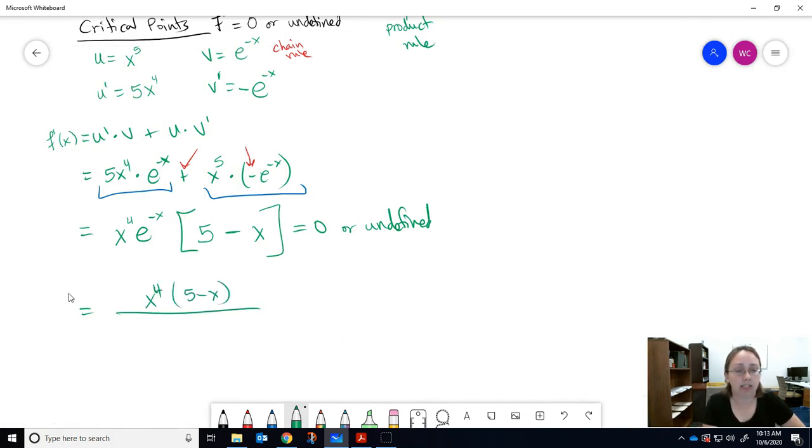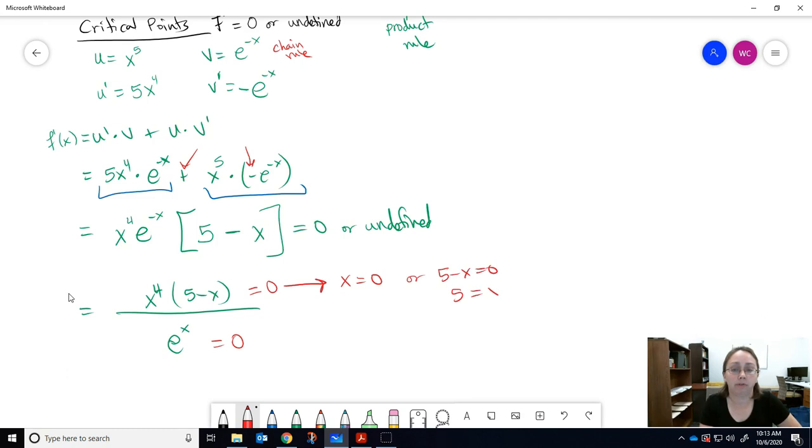And the e to the x has a negative exponent, so it moves to the bottom. All right, this equals 0 when the top is equal to 0. This derivative is undefined when the bottom equals 0. So we're going to break it up and do the two separate problems. So the top equals 0 when x to the 4th equals 0, or x equals 0. And when the parentheses equal 0.